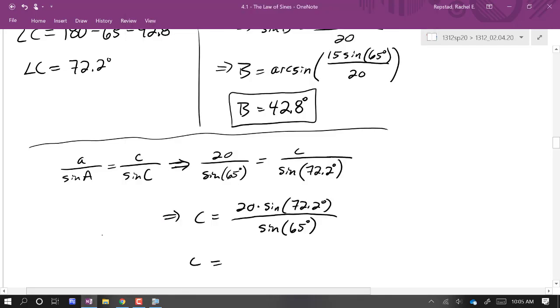That gives 21.01, or 21.0 if I use the same number of significant digits, which is bigger than 20, so that jives.